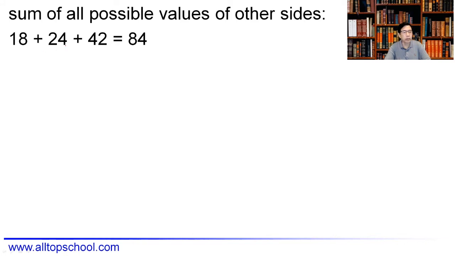And for the other cases, case 2, we get a 24, case 3, we get invalid, case 4, we get a 42. So we get all the possible values of A for the other 3 sides. And then the sum is 84. Okay. So to this point, we're done then.